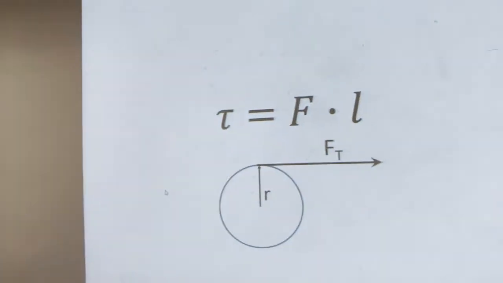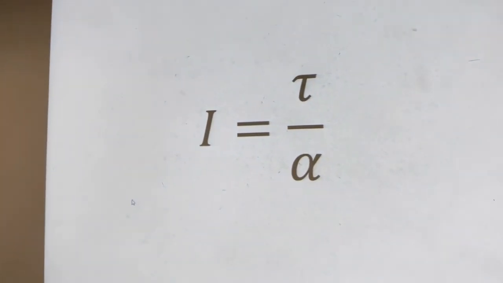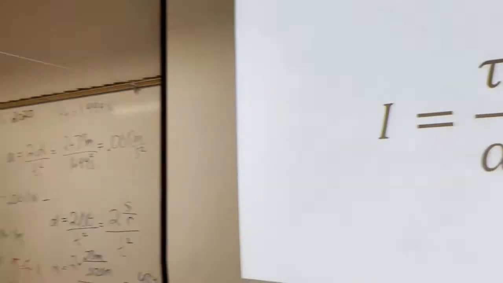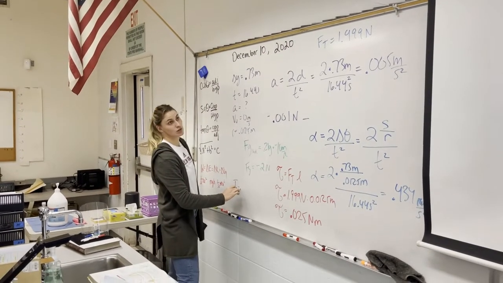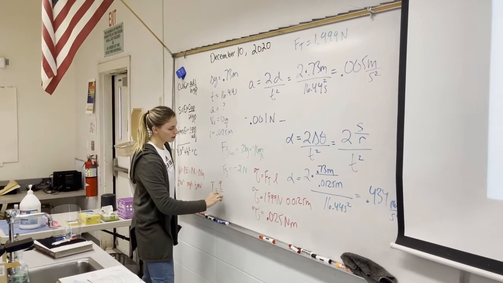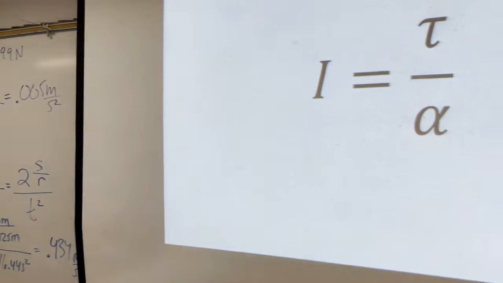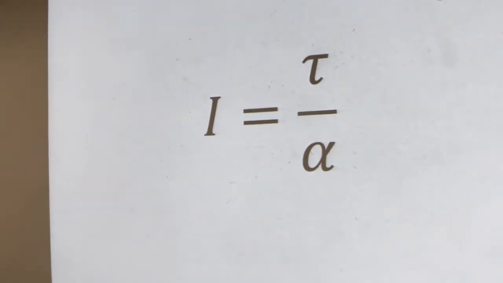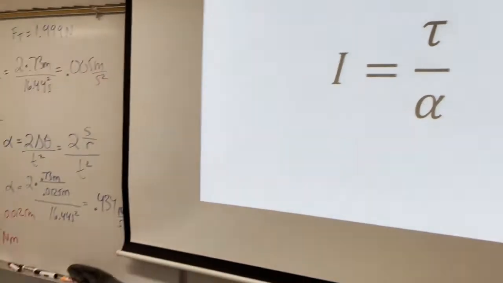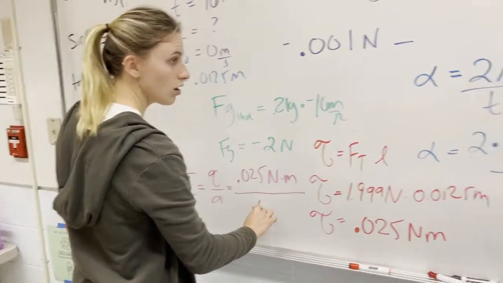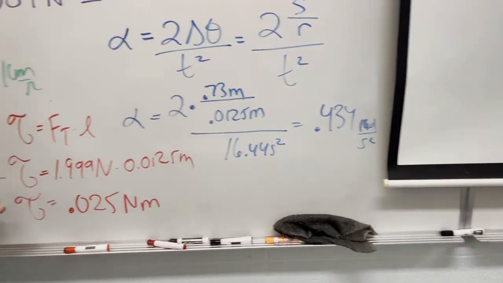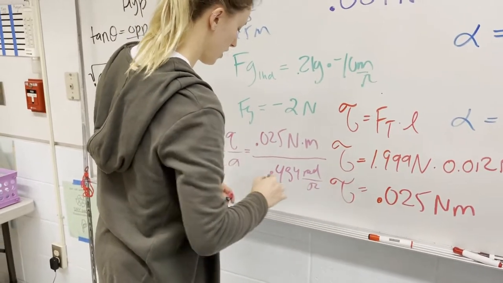What are we trying to find now? We are trying to find the moment of inertia, which equals the torque over the angular acceleration. This is just Newton's second law applied to angular motion. We have our torque, 0.025, and our angular acceleration is 0.434 radians per second squared.